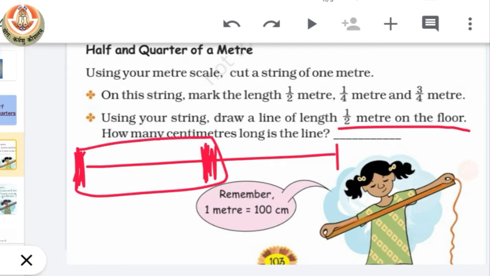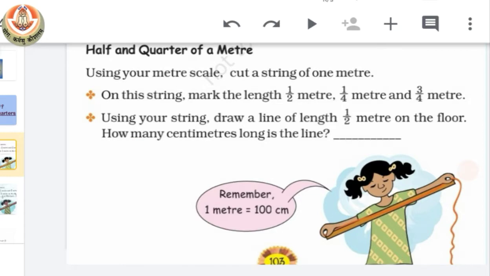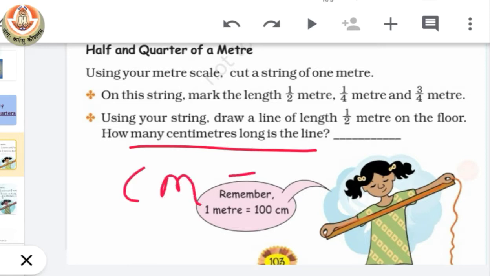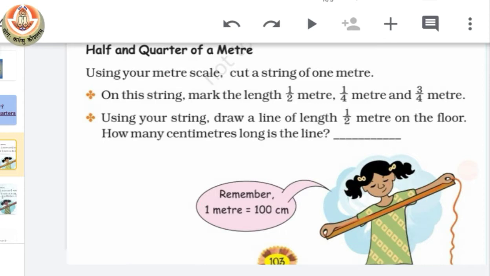Okay. Now the main question for this activity is, how many centimeters long is the line? Means they are asking you how many centimeters are there in half of a meter.